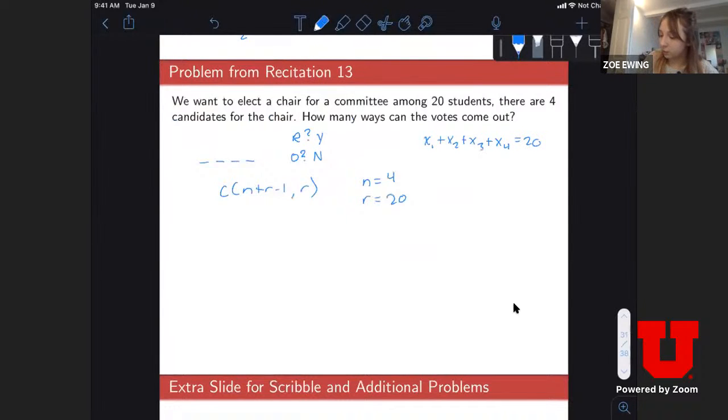Okay, so now let's plug it in. We get 4 plus 20 minus 1, choose 20, which comes out to 23 choose 20. And this could also be 23 choose 3. Okay, awesome. Are there any questions on that?